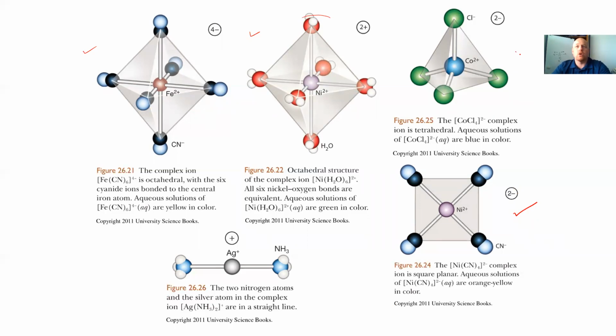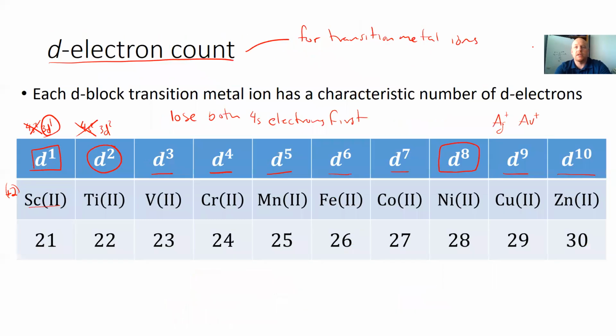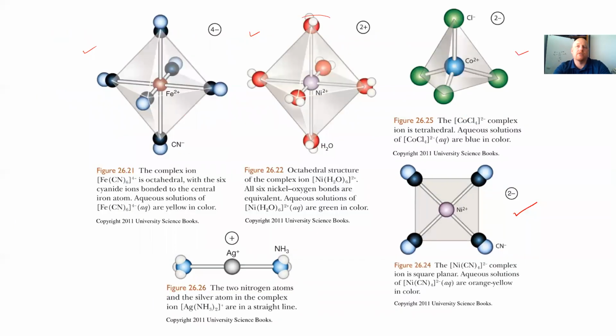Cobalt, if we go back up to our periodic table, here we go, cobalt here is d7, so this is one of the other versions of a 2+ ion that forms something tetrahedral. Generally, zinc is kind of the best example, with cadmium also being in that same category.